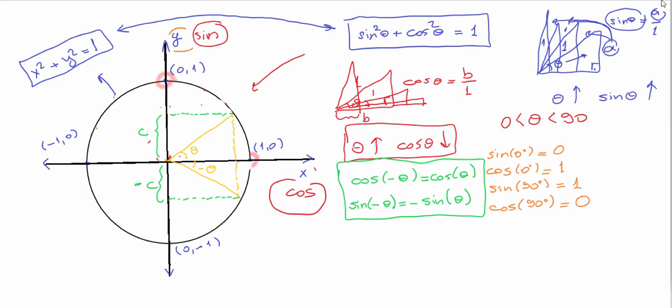The radius of this circle is 1, which is at the same time the hypotenuse of this triangle here, where I chose theta to be one of the angles of it. Can I get more and more interesting conclusions from the unit circle? Yes, I can. Look what happened here. This is the angle theta, right?